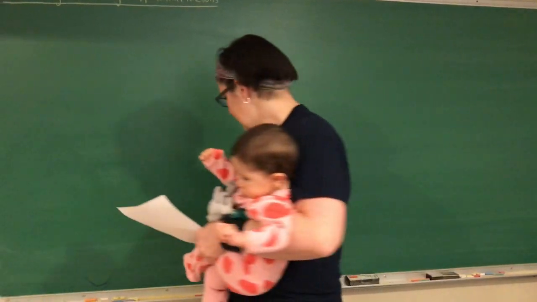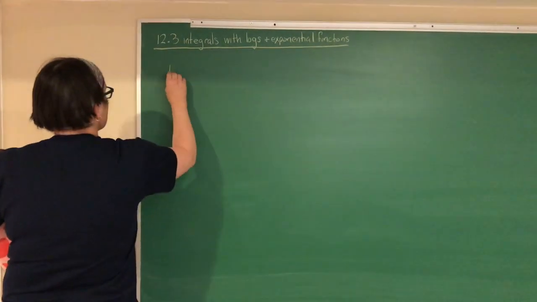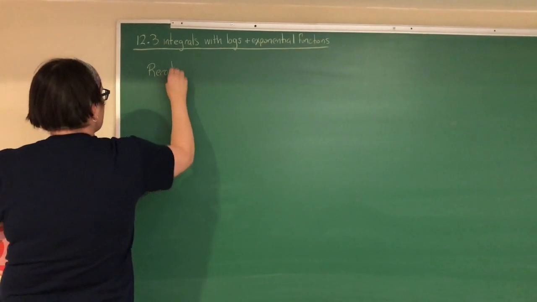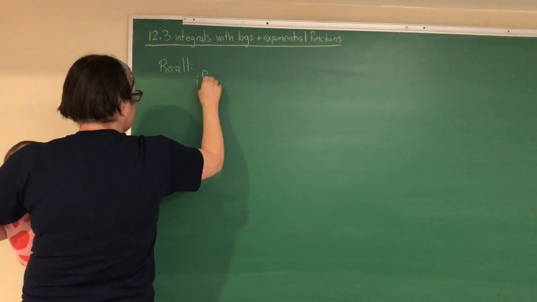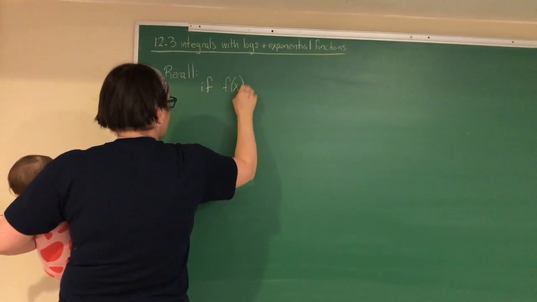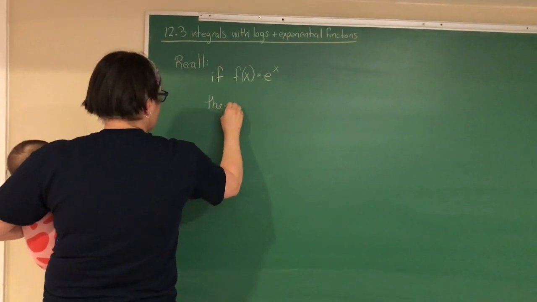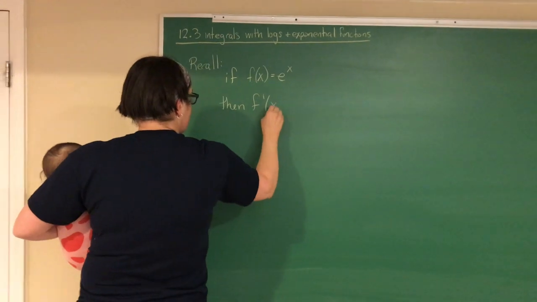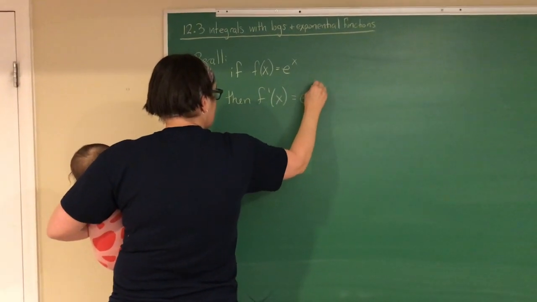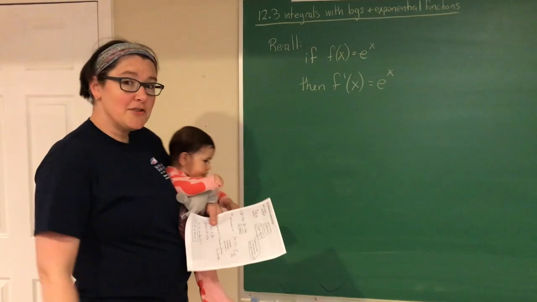So let's start out by thinking about our derivatives of exponential functions. You might remember from chapter 11 that if f of x is equal to e to the x, then our derivative, f prime of x, is also equal to e to the x. And this actually tells us something.